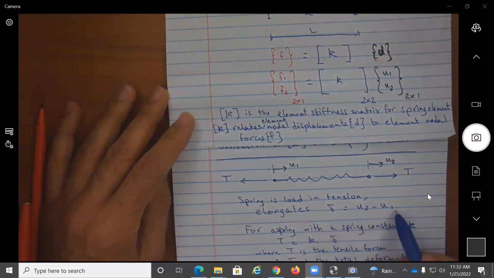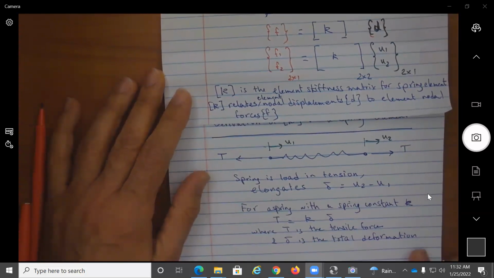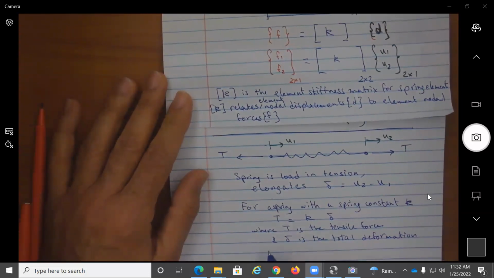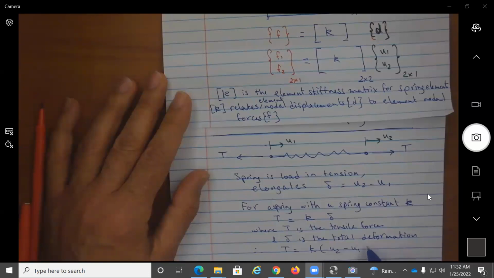If delta is equal to u2 minus u1, we can then say that T is equal to K multiplied by u2 minus u1.